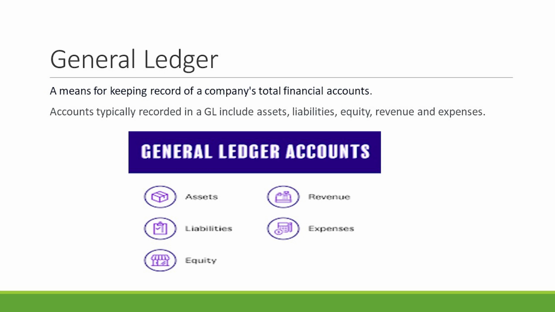Accounts typically recorded in the general ledger include assets, liabilities, equity, revenue, and expenses. Note that order: assets, liabilities, equity, revenue, expenses.